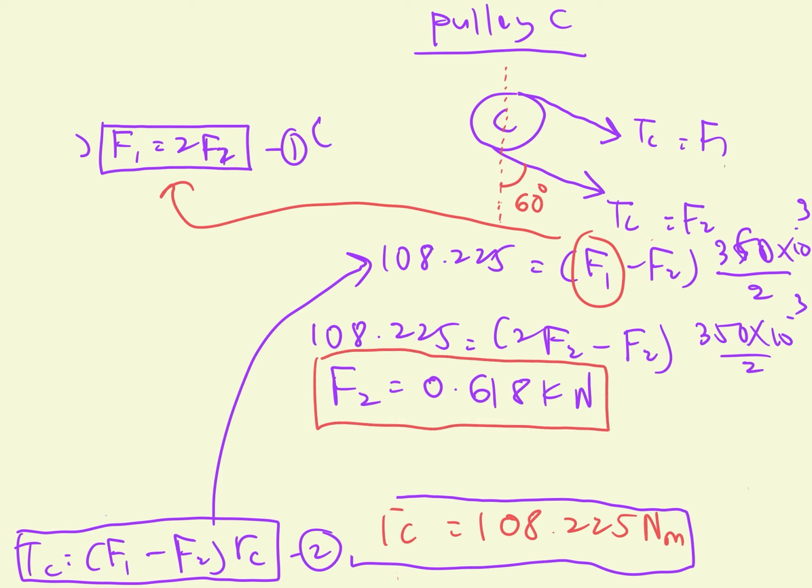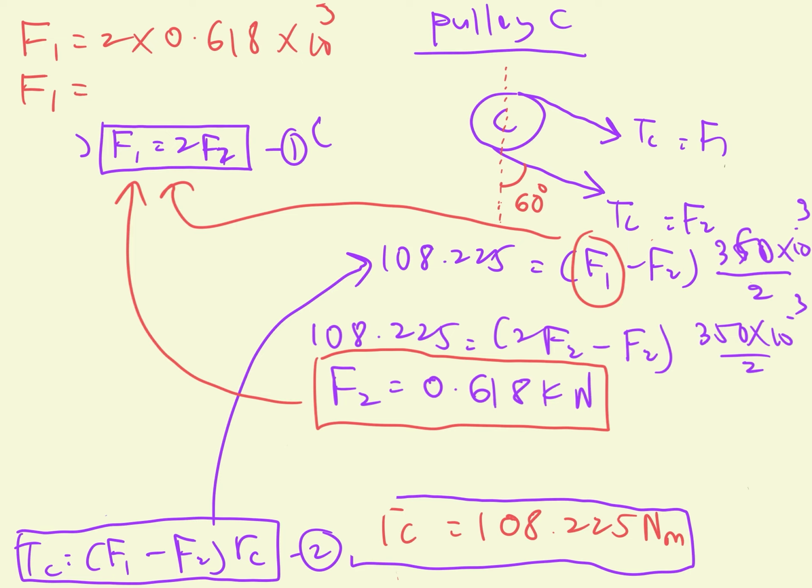Then we put this value of F2 into the first equation. We get F1 equal to 2 times 0.618 kilonewton, so F1 is equal to 1.236 kilonewton.